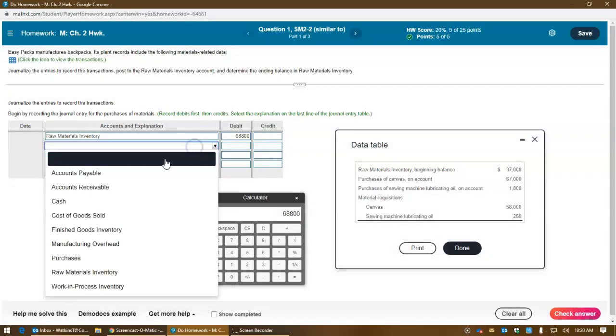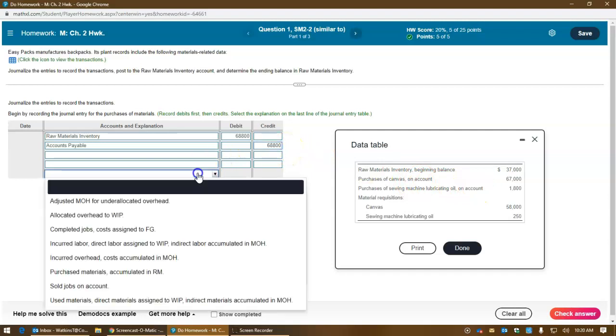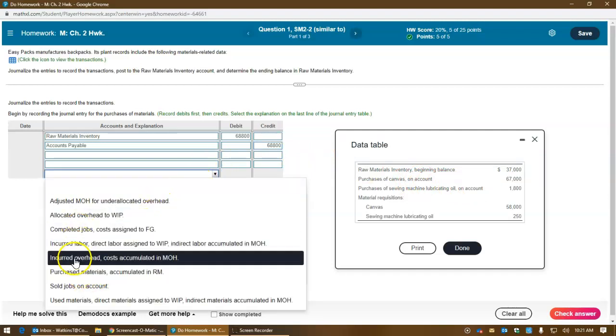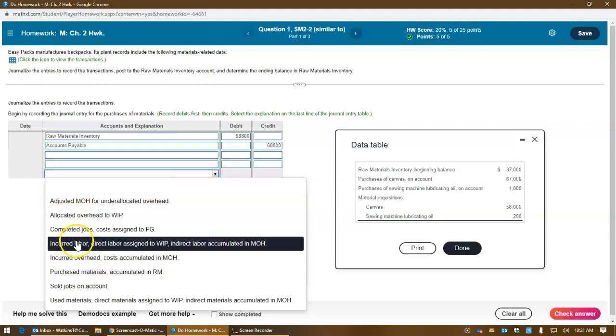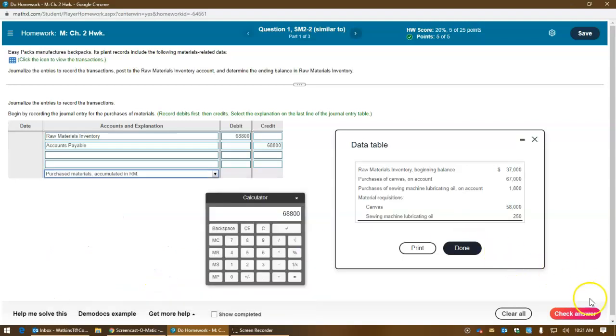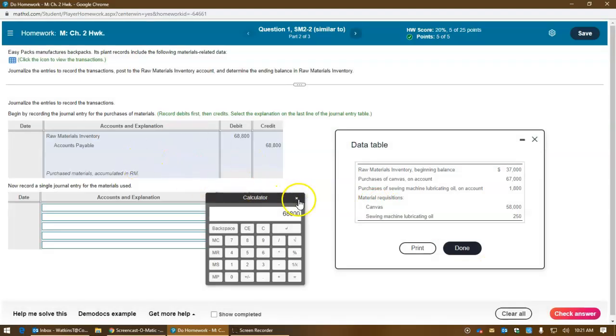And it says that was purchased on account. See, on account, on account. So accounts payable. And purchased materials accumulated in raw materials. Okay, so that takes care of that first journal entry.